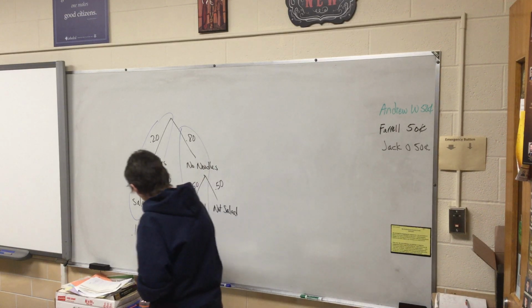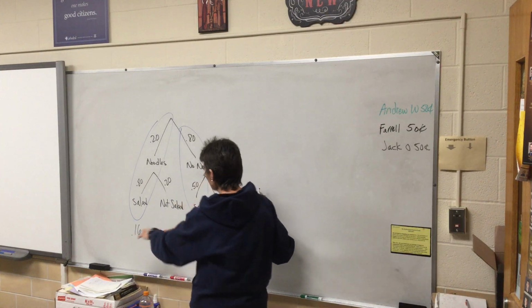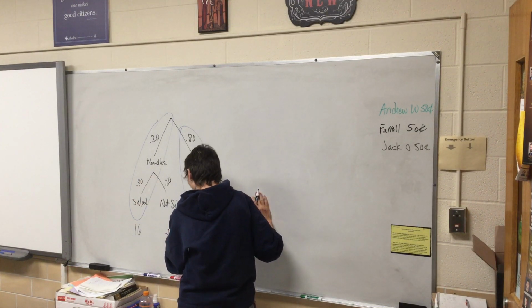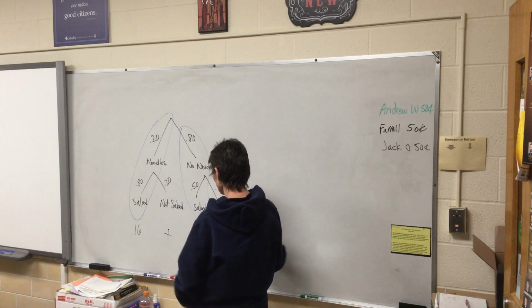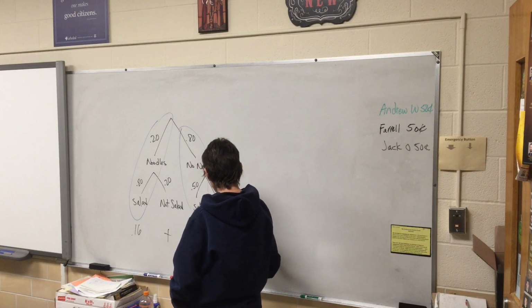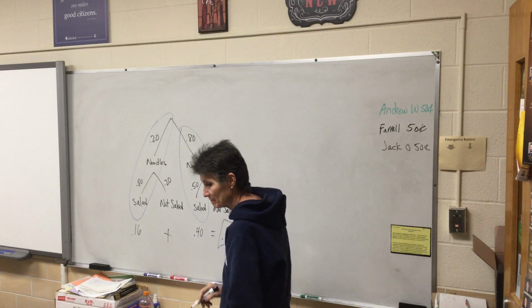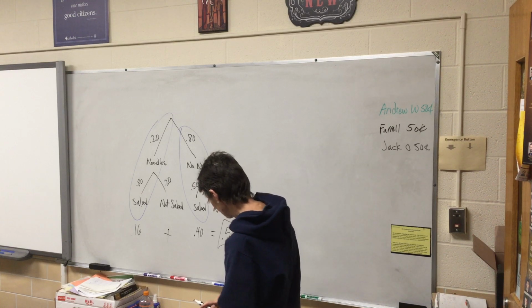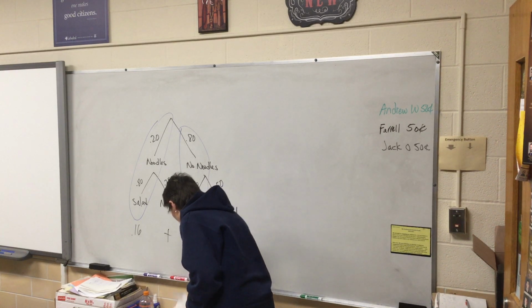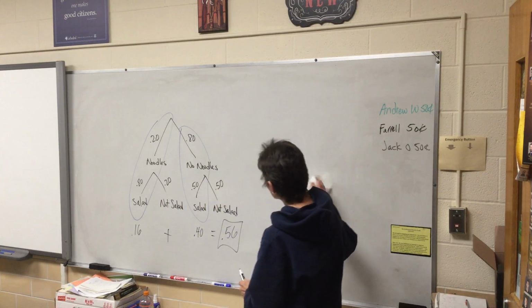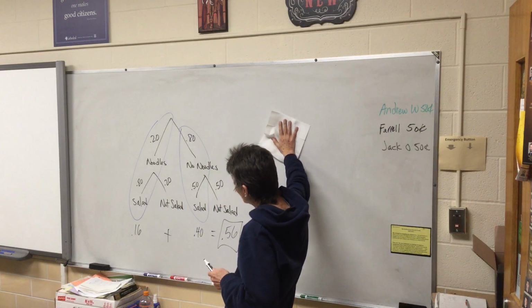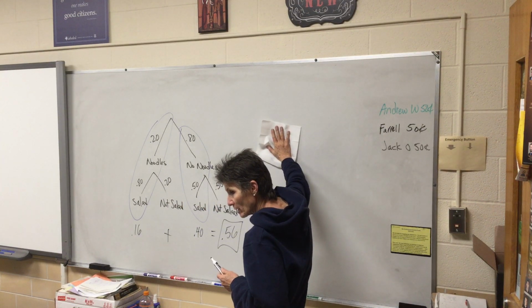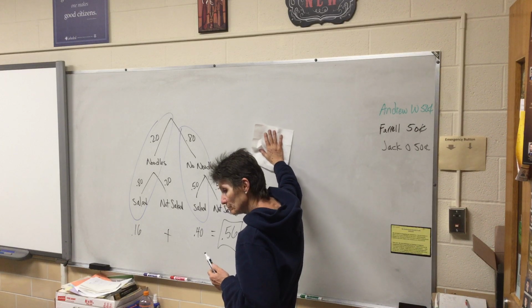Add them, because we could have salad with noodles or we could have salad without noodles. So the answer to that problem is 0.56. Does anyone have a question about where one of those numbers came from?